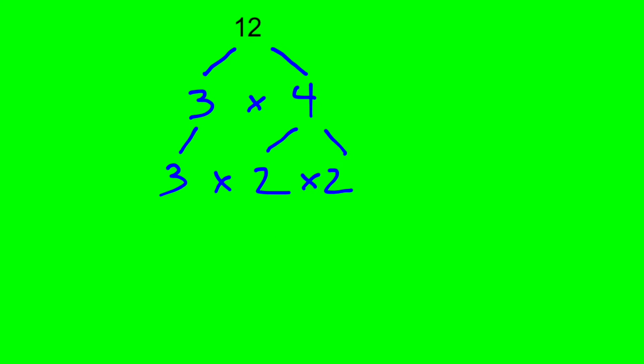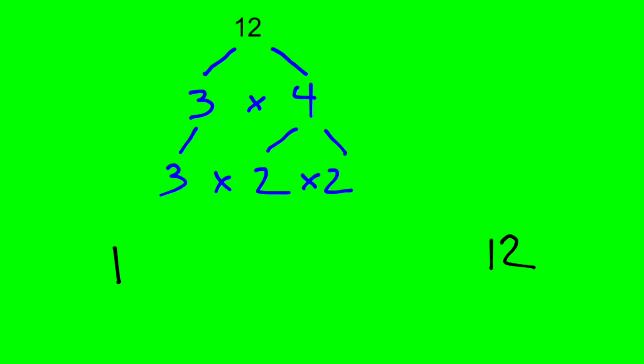Well, la-di-da, right? But what are we going to use that for? We can use that to find all the factors of a number. So, first of all, if we want to find all the factors of 12, we know that the first pair are 1 and 12. We don't need the factor tree to do that.